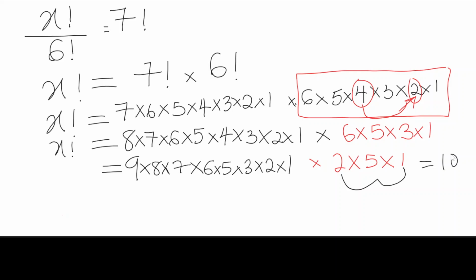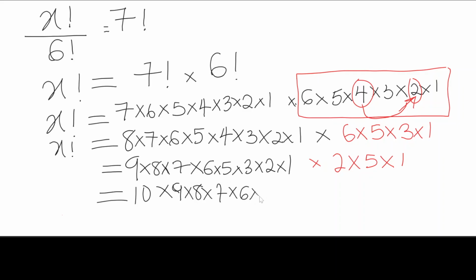I'm going to be writing 10 now, and bringing the 10 to this side. So I have equals 10 times 9 times 8 times 7 times 6 times 5 times 4 times 3 times 2, then times 1. I'm not writing 2 times 5, I've written 10.